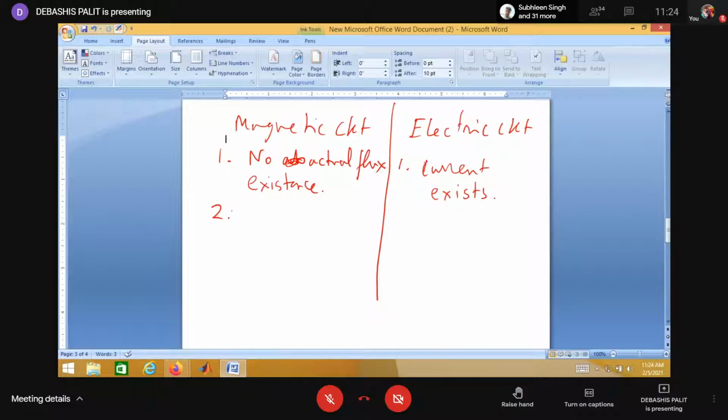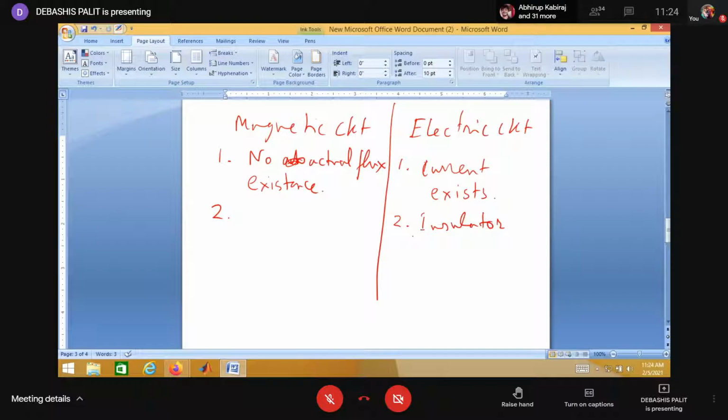Next point, you may have heard there is a current insulator. There must be some insulator, so without an insulator you can do nothing. In an electric machine, there must be some insulation between conductors and between different turns.